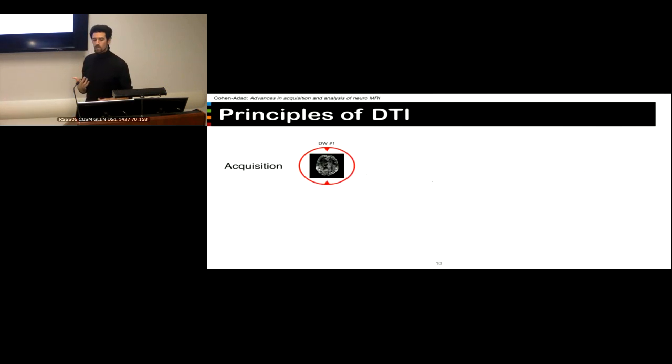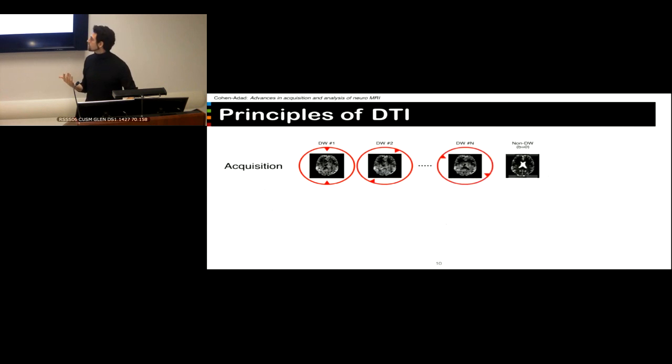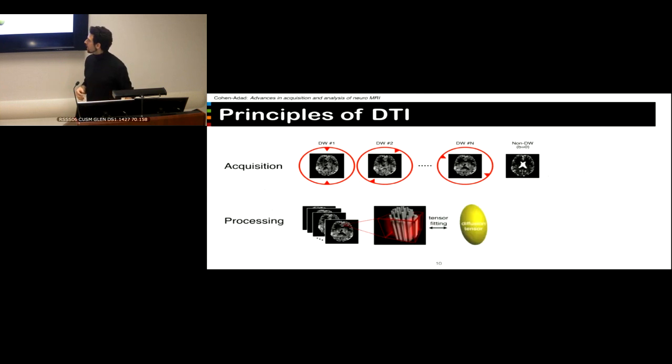So how does a typical diffusion tensor imaging protocol work? We acquire several of those images with different gradient orientations. We acquire one without any diffusion sensitization with the gradients. Then we process them all together, and we fit some models. There are different models that exist. The most common one is called the diffusion tensor.